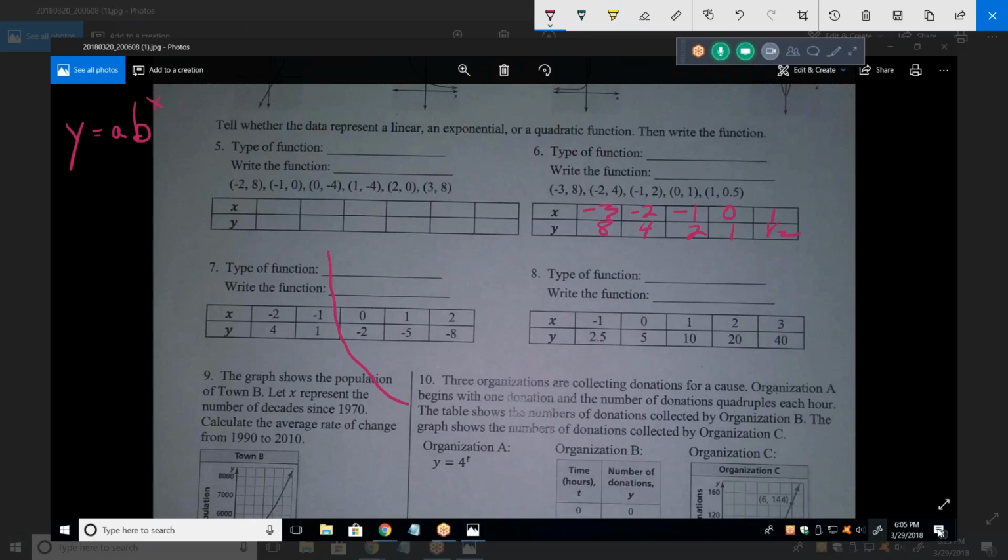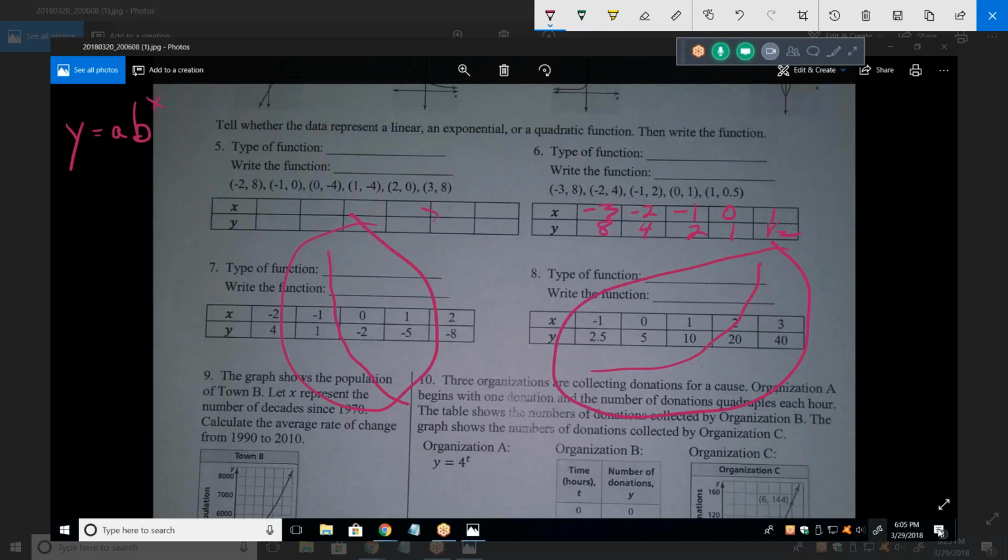Now, we already saw that the graph looked a little bit like that, right? And we're assuming it's exponential. Now, the difference between exponential looking like this or like this is whether b is greater than or less than 1. It's going to look like this if b is greater than 1.